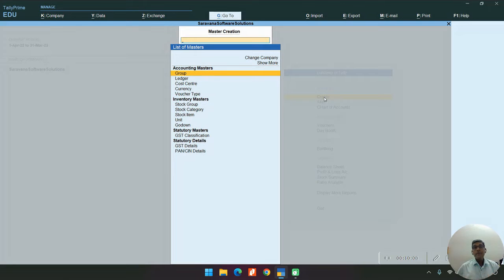It is a very good feature which is available in Tally: cost centers and cost categories.